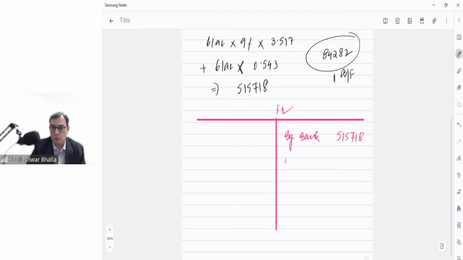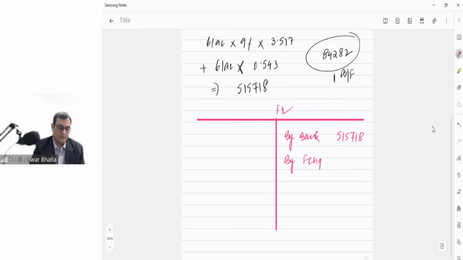Then we apply the unwinding on this and consider the finance charge at the rate of 13%. And fortunately, we don't have any transaction costs. So we're safe that the rate which is used to calculate the financial liability is the same rate used to calculate the finance charge in the ledger account as well.